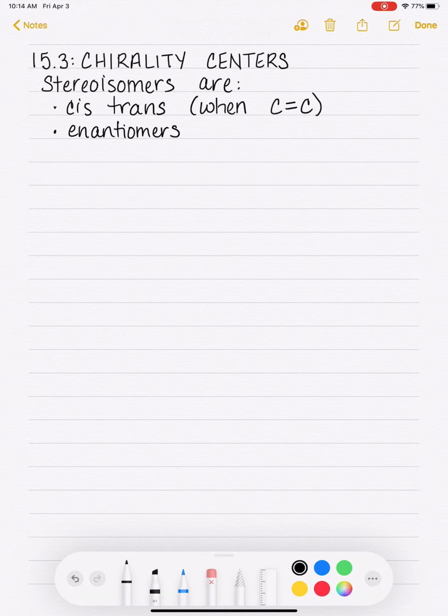In this section, what we're going to learn is how to recognize, how do I know if a molecule has an enantiomer.